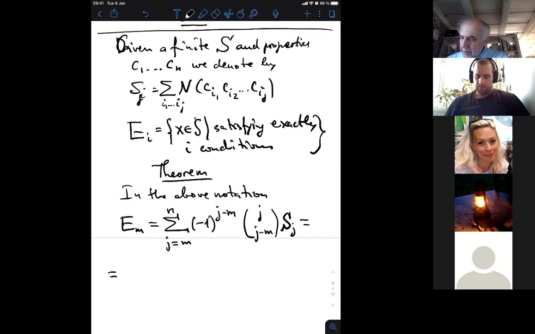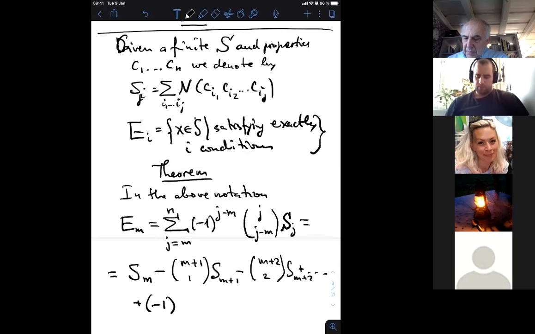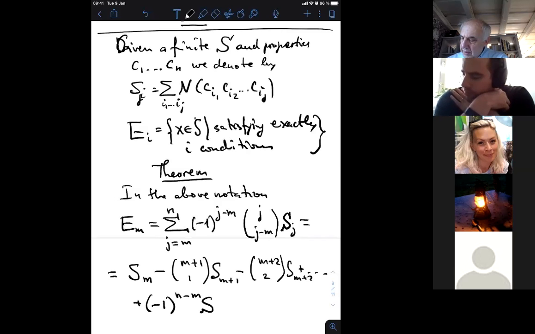It's the same expression, but written more explicitly: Sm minus (m plus 1 choose 1) Sm+1, plus (m plus 2 choose 2) Sm+2, and so on, and the last term would be minus 1 to the power n minus m, times Sn.